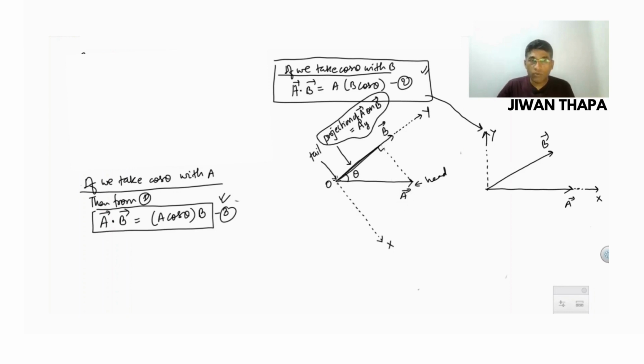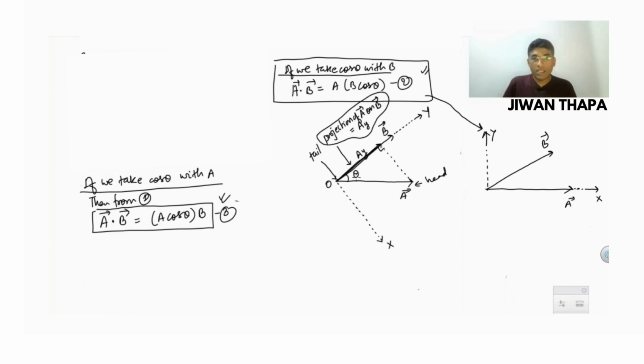So if we move from the tail to this point in this direction, then this length represents the projection of A on B, which is the y component of vector A.